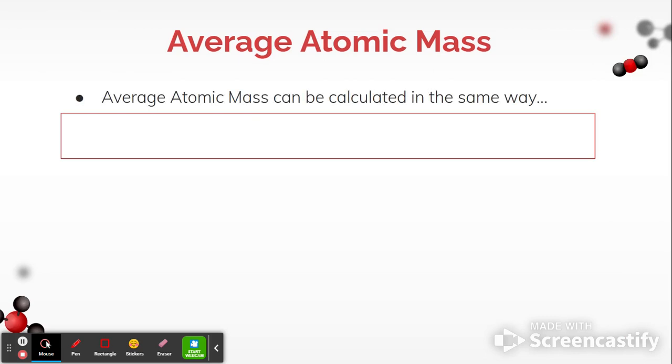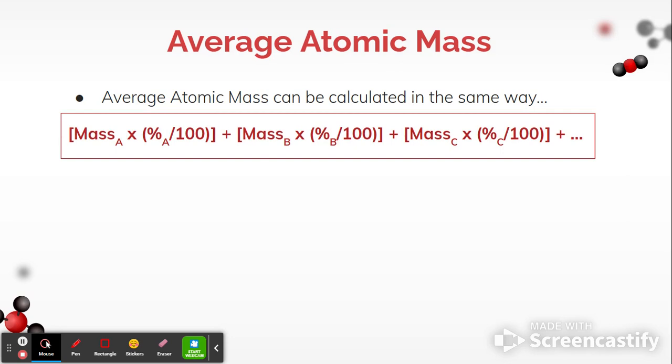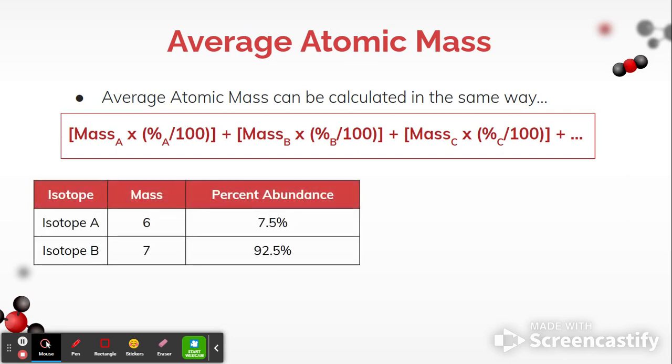Now, if we were to apply this analogy to average atomic mass, we can use this formula, which essentially states that the mass of an isotope of an atom, multiplied by the percent abundance of that isotope divided by 100, plus the same process for all isotopes of that atom, equals the average atomic mass of that element.